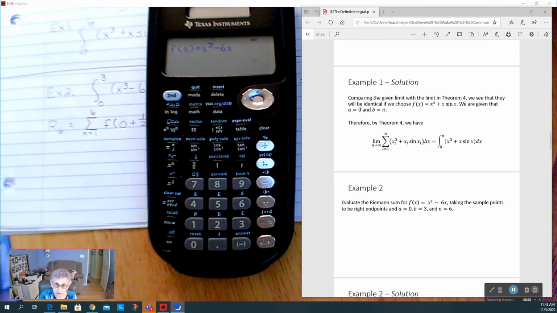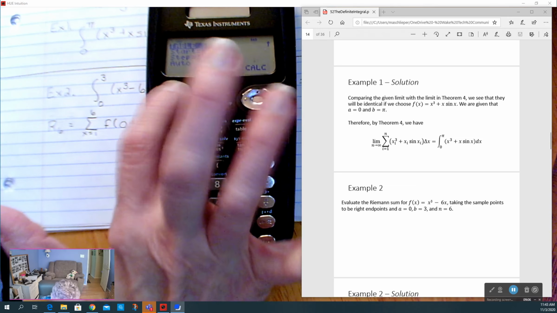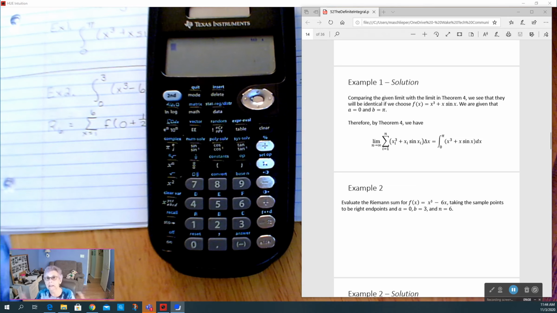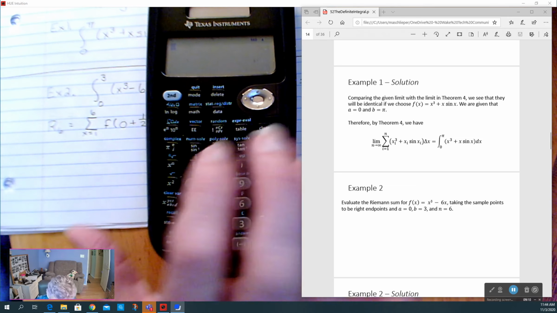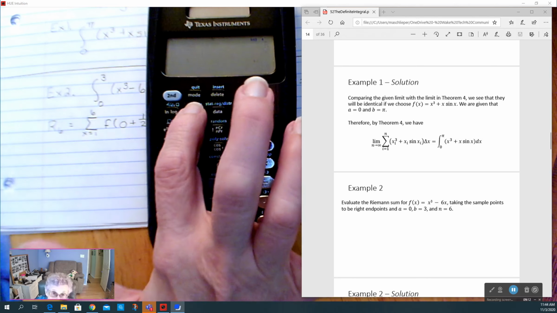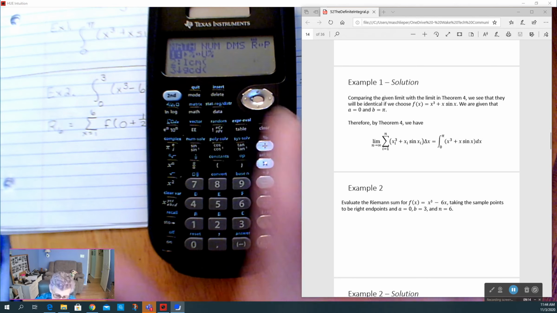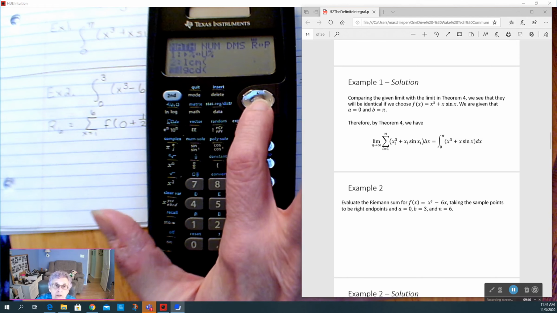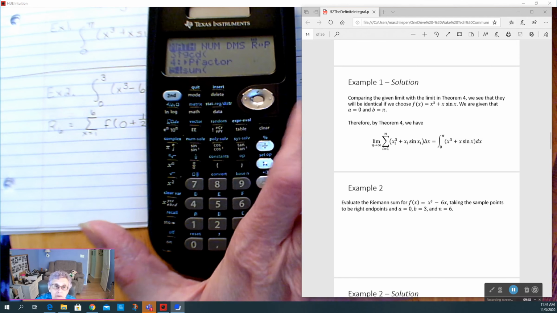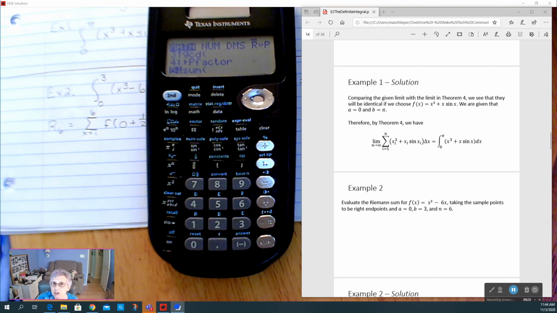Yours may not be there, so take a minute, plug it in. Hit enter. Be sure you hit enter after you type it in, and then second quit. Get out of there. Then you need to press the math button. You'll see this. You have a choice. You can either arrow down to sum, or you can just press 5 after you press the math button. And then your little sigma appears.